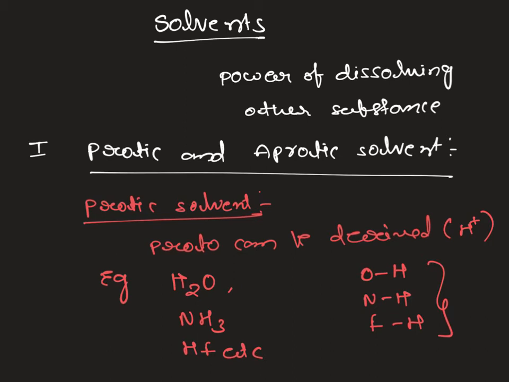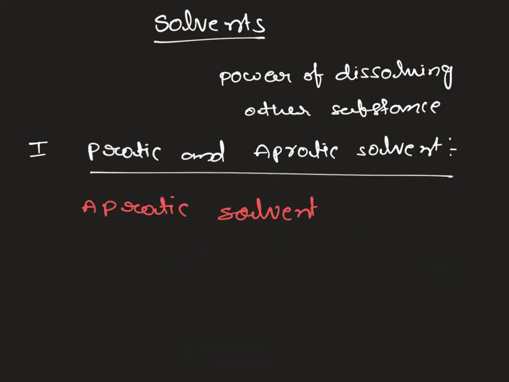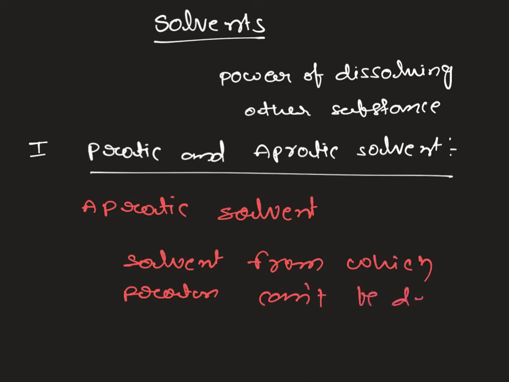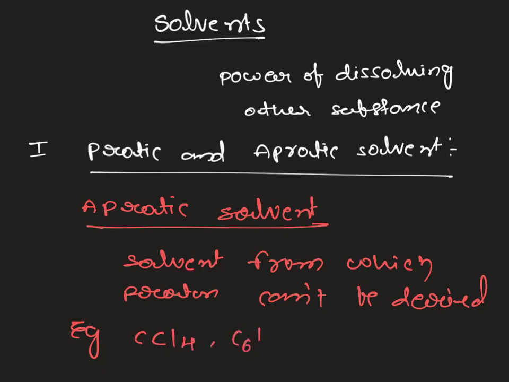For example, CCl4, carbon tetrachloride, benzene C6H6, and acetonitrile are all examples of aprotic solvents. In a protic solvent, a proton can be derived.